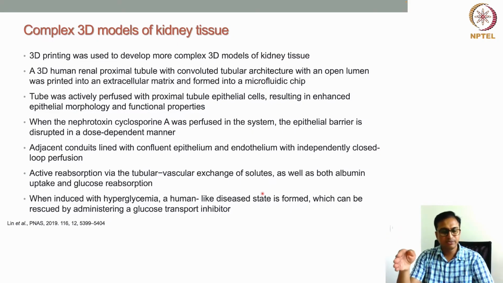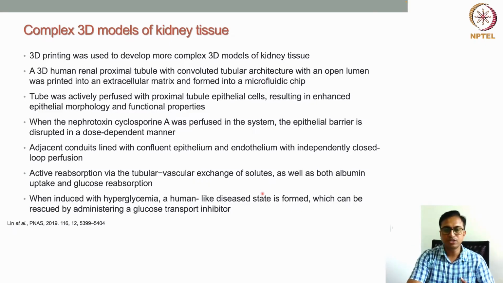A similar disease can be developed by exposing the 3D printed proximal tubule to hyperglycemia, with a high amount of glucose. But this can be reversed by administering a glucose transport inhibitor. Typically for this kind of condition, glucose transport inhibitors are prescribed, and they found a similar response using a glucose transport inhibitor in the 3D printed model.